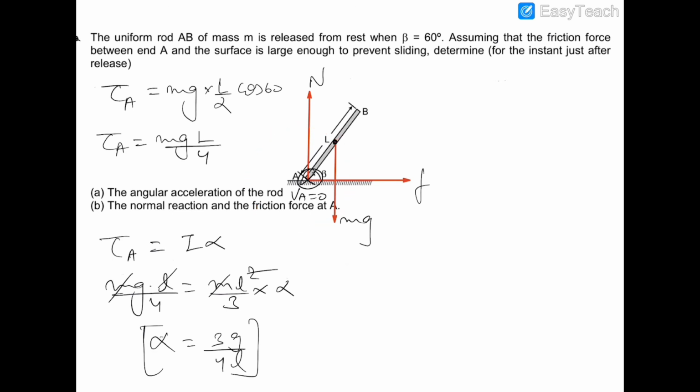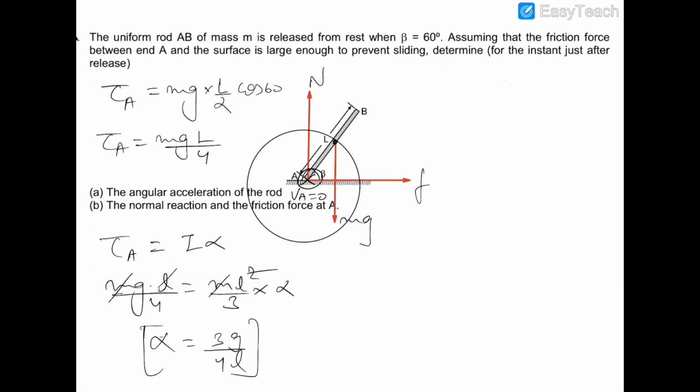You can see that the center of this rod would be moving in a circle of radius L by 2, like that. Okay, so its instantaneous acceleration would be pointing like that in this direction.